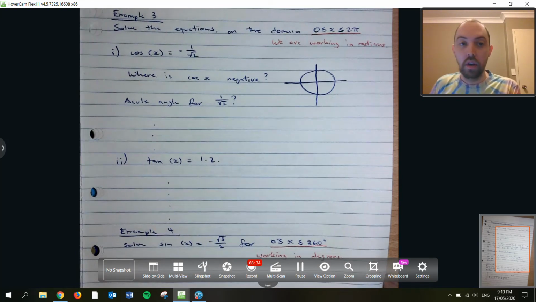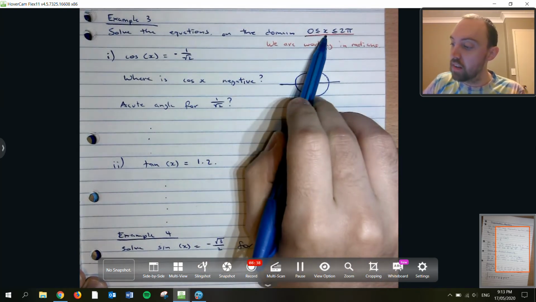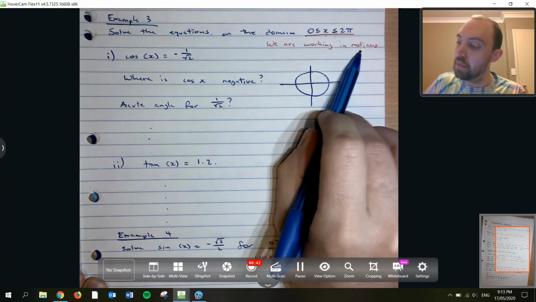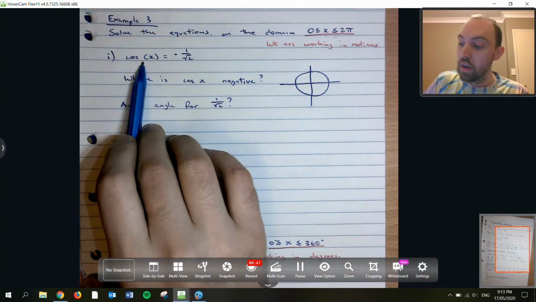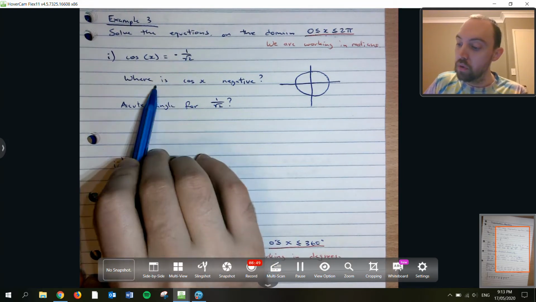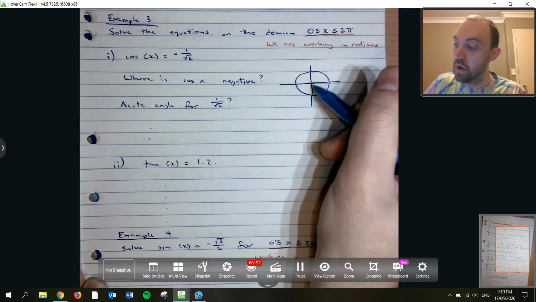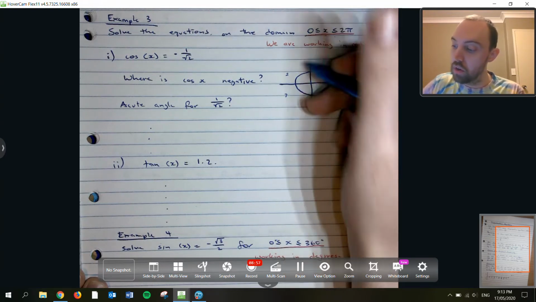Alright, so solve the equations on the domain 0 less than x less than 2 pi. So x is between 0 and 2 pi, and because of that, we know that we are working in radians. Cos of x is equal to negative 1 on root 2. So we're asking ourselves, first of all, where is cos x negative? Well, it is in the second and third quadrants.